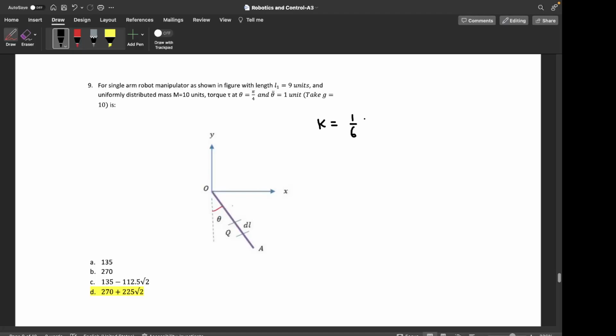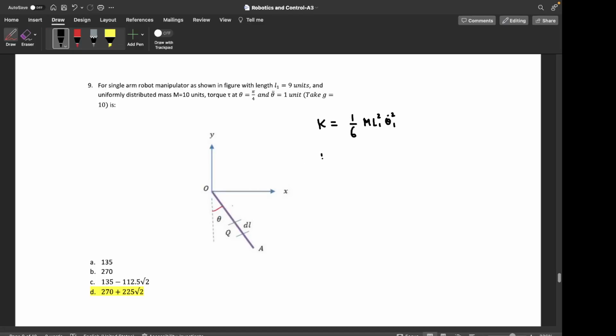So kinetic energy is given by 1/6 m L1 square theta 1 dot square, right?